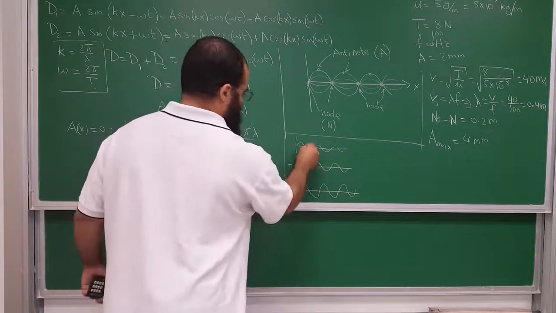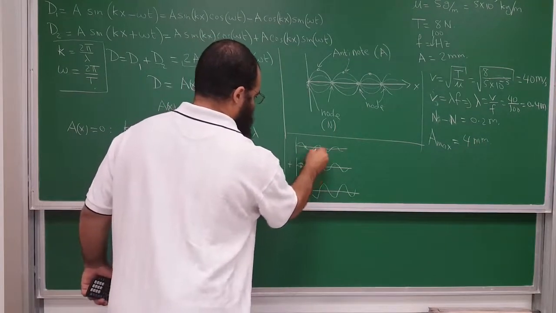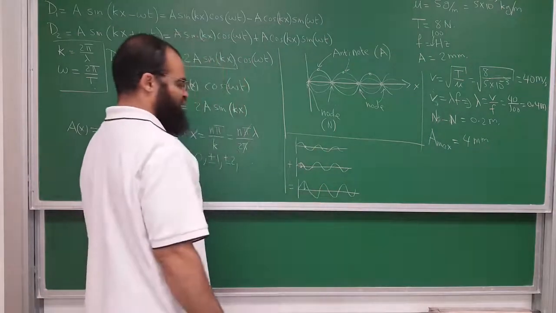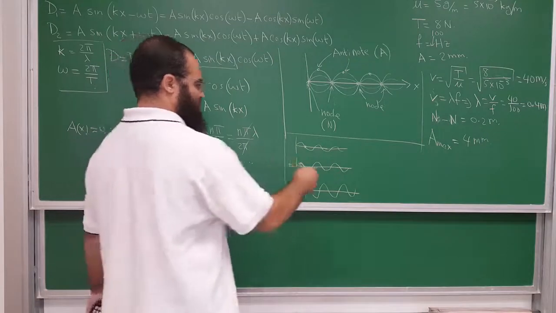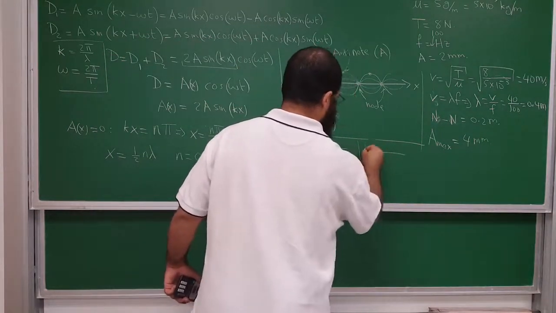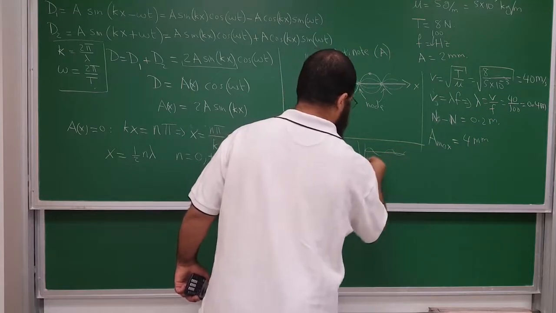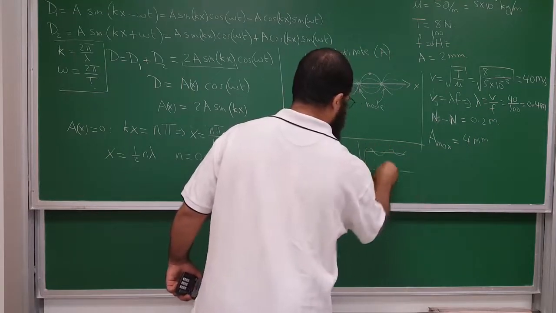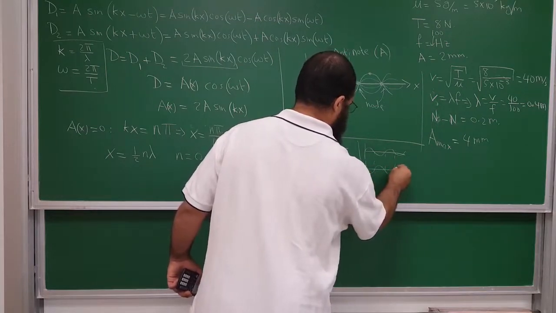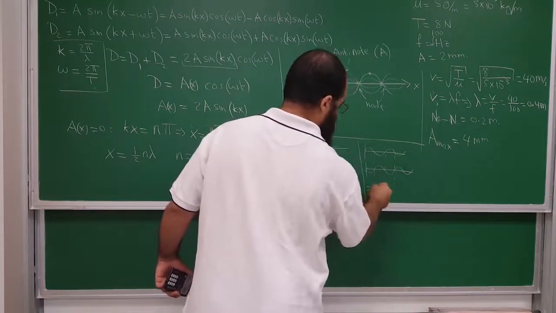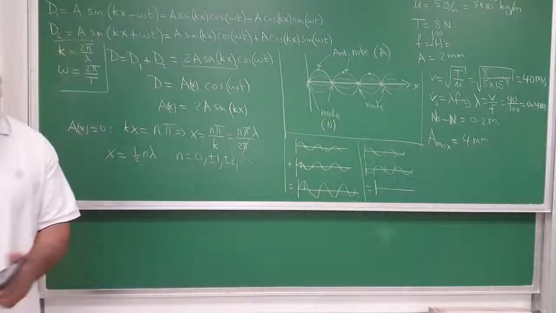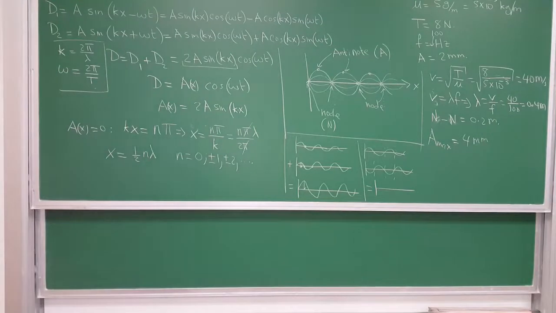But it vanishes wherever both of them vanish, because 0 plus 0 gives you 0. And in between, you get the amplitudes. On the other hand, if the first wave looks, let's say, like this, and the second wave looks exactly opposite to it, in that case, you will just get nothing. You will get 0. That's called superposition of waves, adding waves.